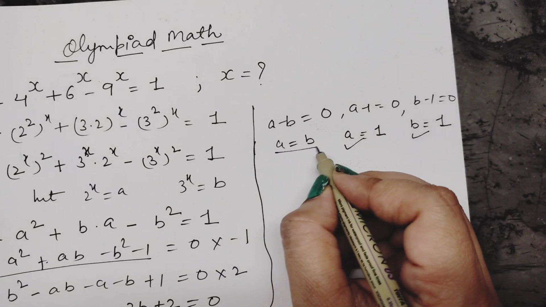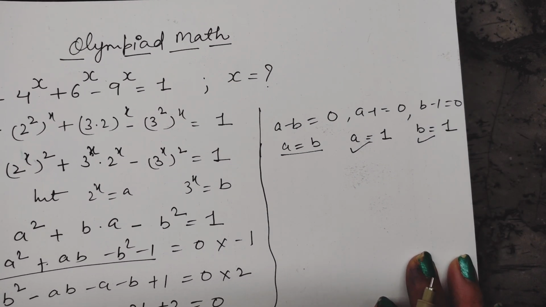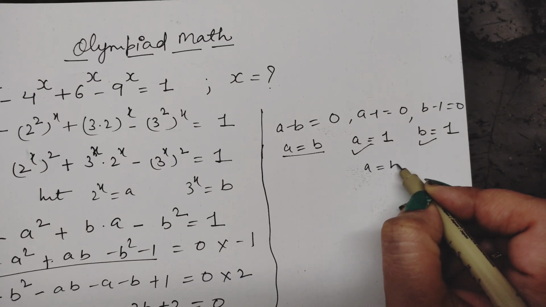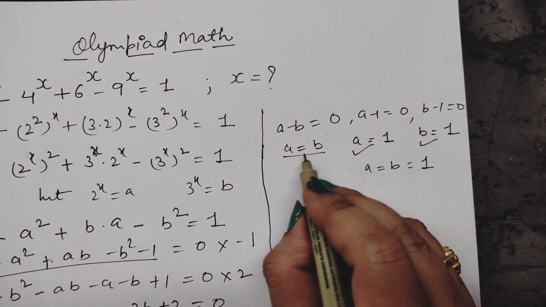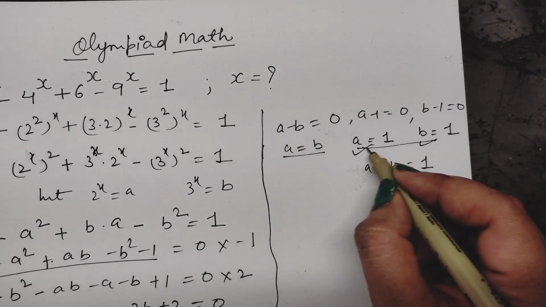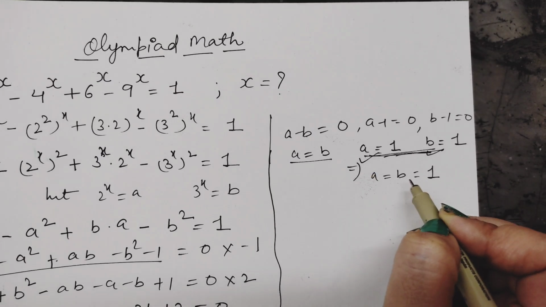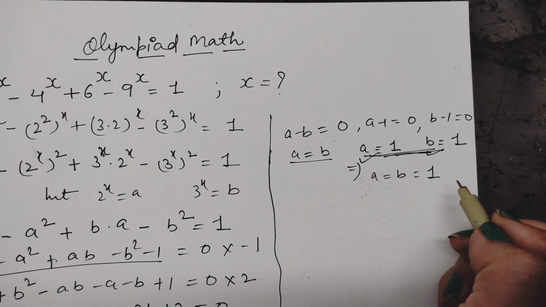So a and b are obviously equal. After that, if a and b are equal to 1, then a equals b, which implies that a equals b equals 1.